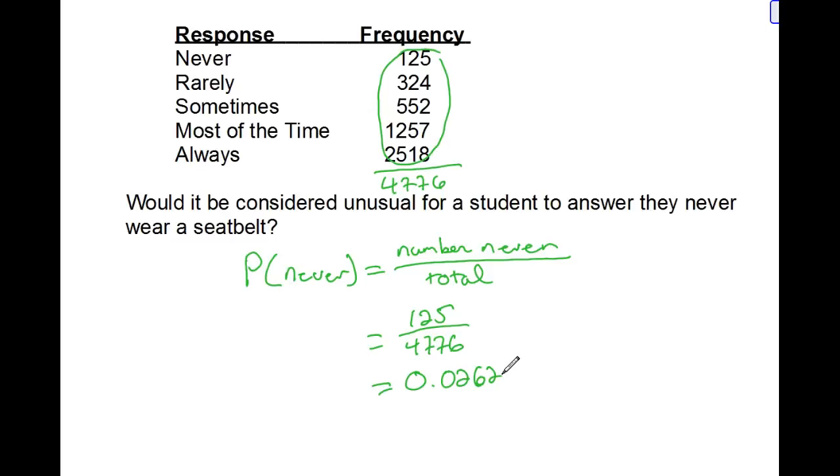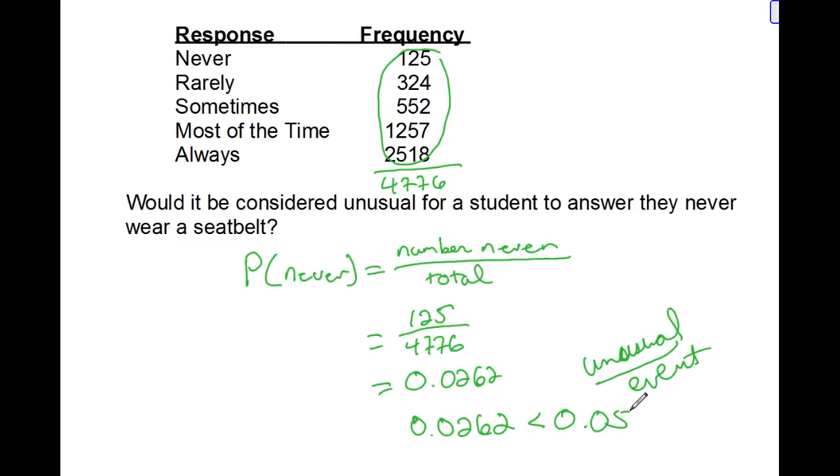Looking at this, the probability is much less than 0.05. Therefore, based on the most commonly applied rule, this event would be considered an unusual event, since 0.0262 is less than 0.05.